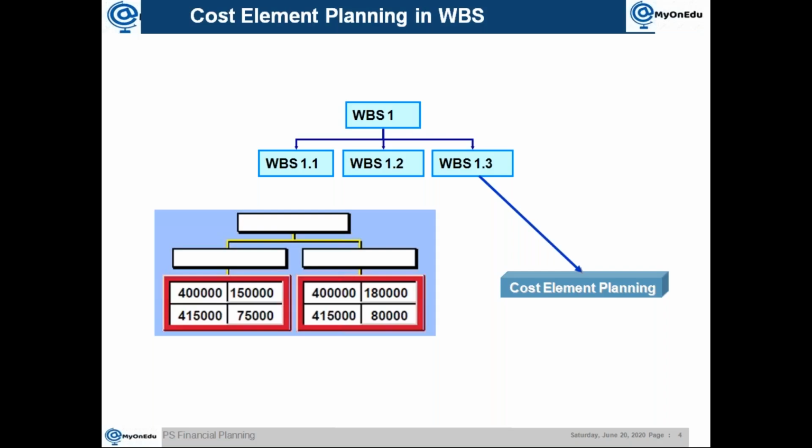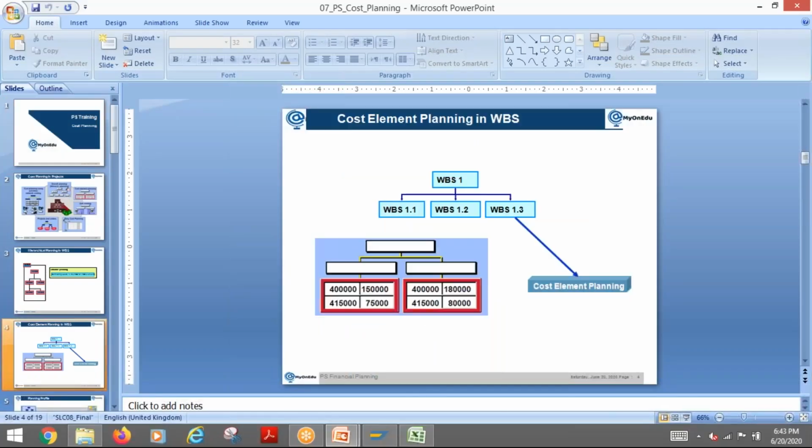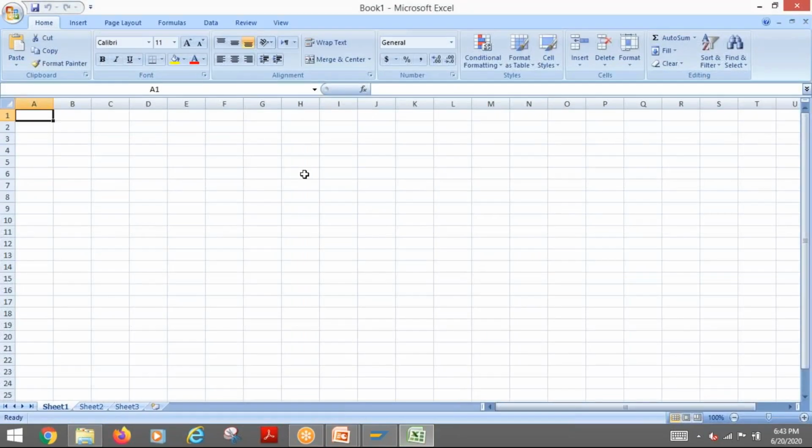If you come to our project cost planning, suppose in the project you will have different kinds of resources. Last time we discussed: you will have materials, then manpower, then equipment, then tools, then services.